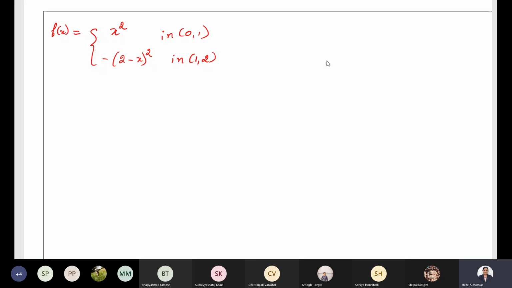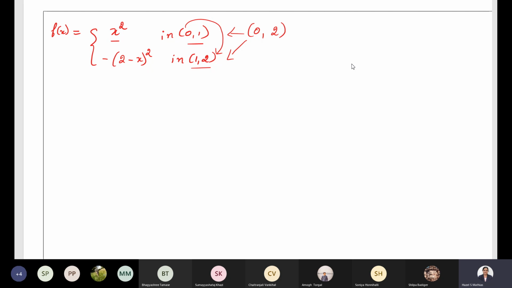What is it said over here? So this is a discontinuous function. First thing, it is defined to be x square in 0 comma 1, and defined as minus of 2 minus x whole square in 1 comma 2. So what is the length of the interval? 0 comma 2, starting one is 0, ending one is 2, split into two parts: 0 comma 1 and 1 comma 2.